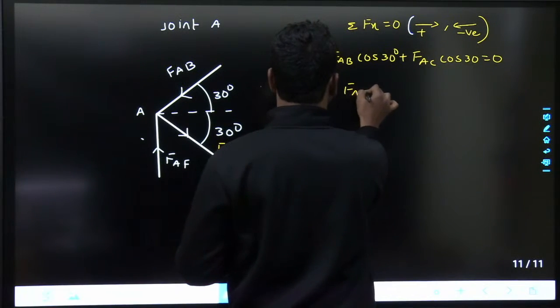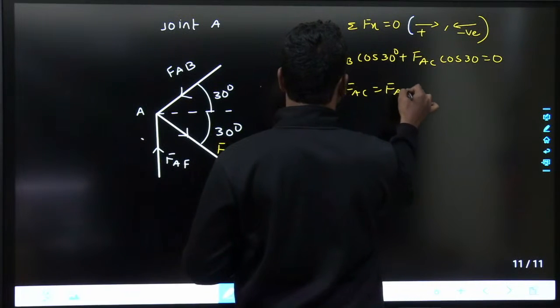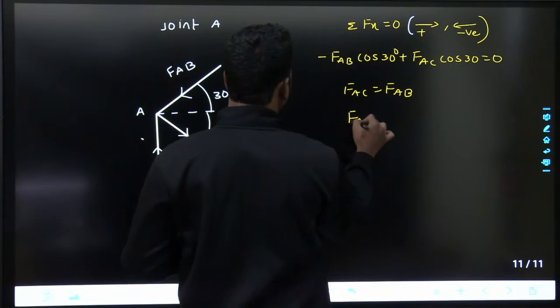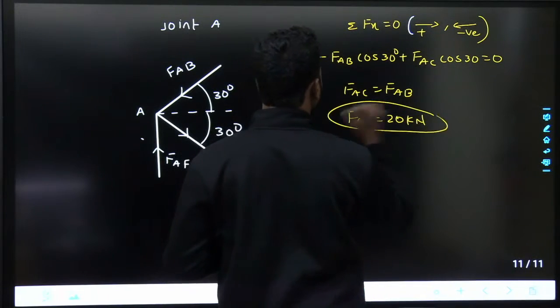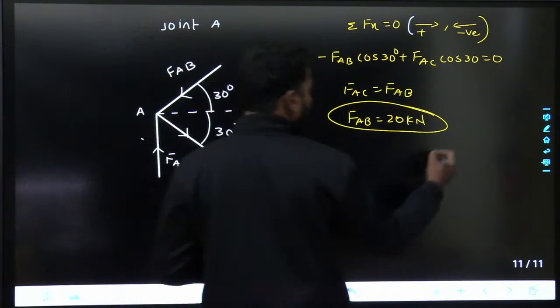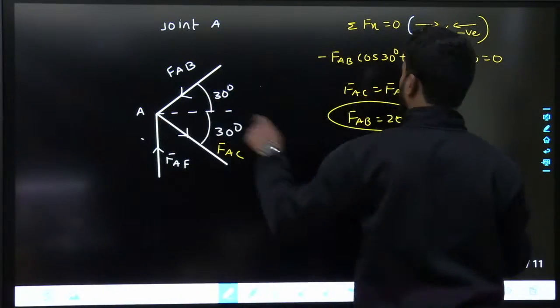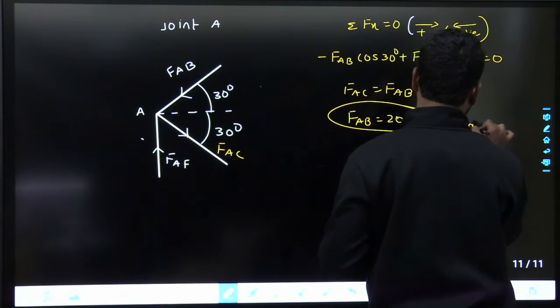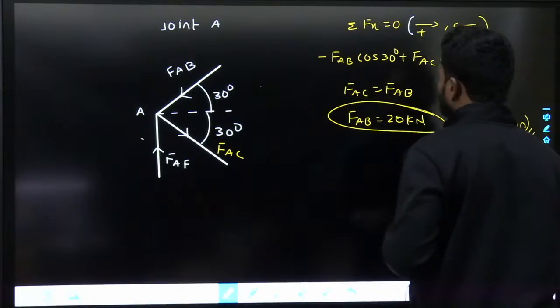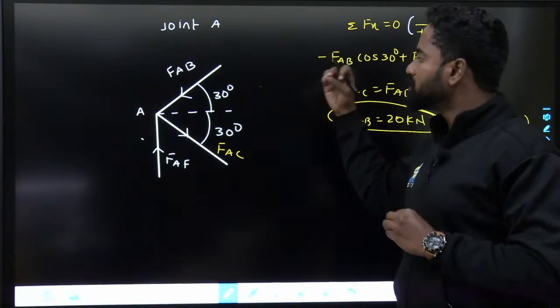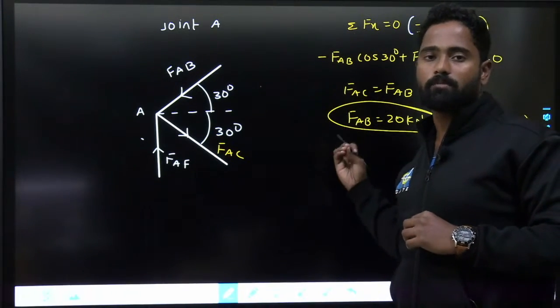From this FAC equals FAB, so FAB equals 20 kilonewtons. Positive means your assumed direction is correct; towards the joint means compression, away from the joint means tension.